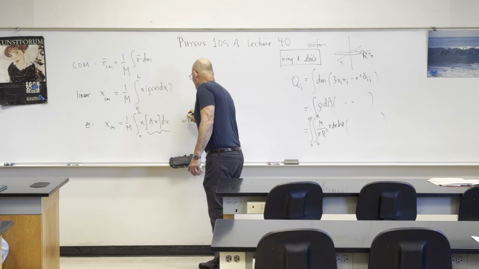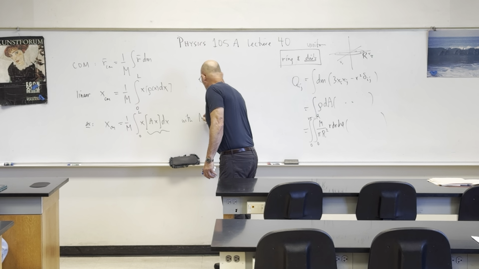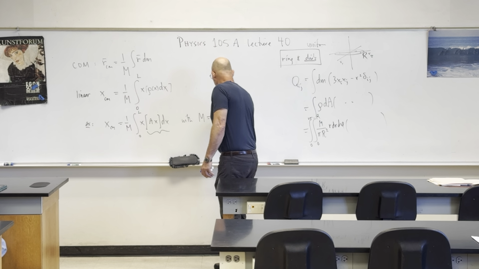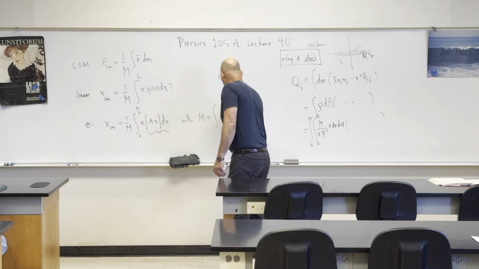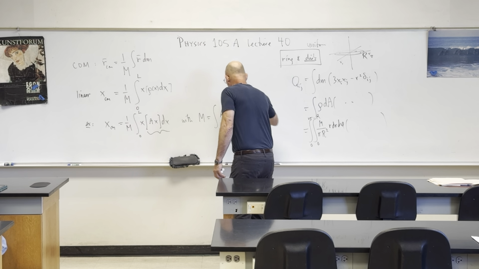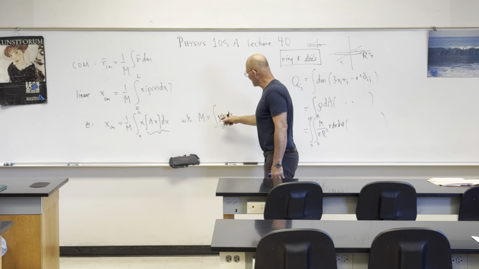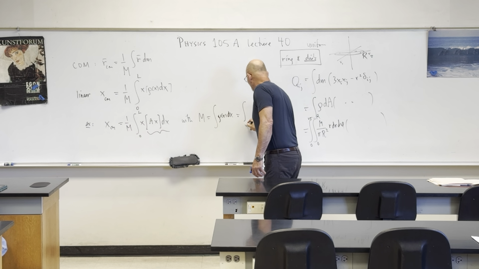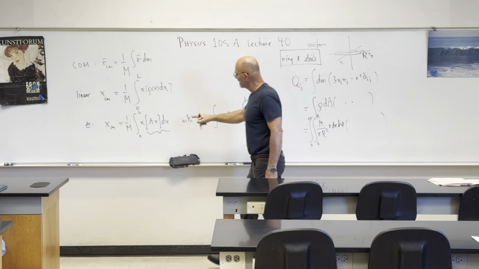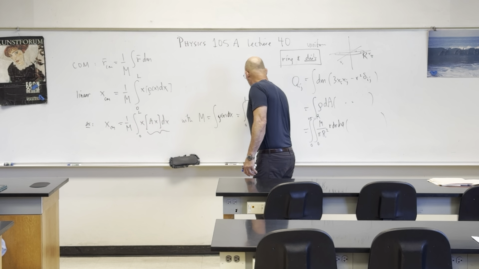But in this case, the total mass is this rho of x dx, right? That's the total mass, the dm. So in this case, it would be 0 to L ax dx.